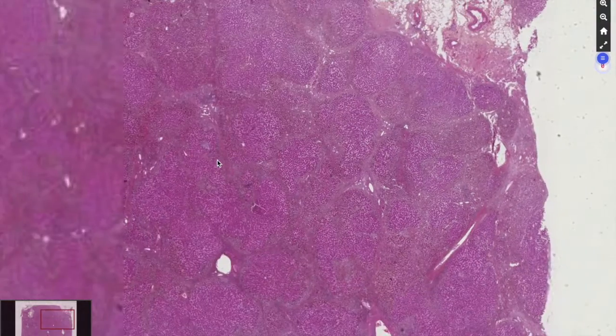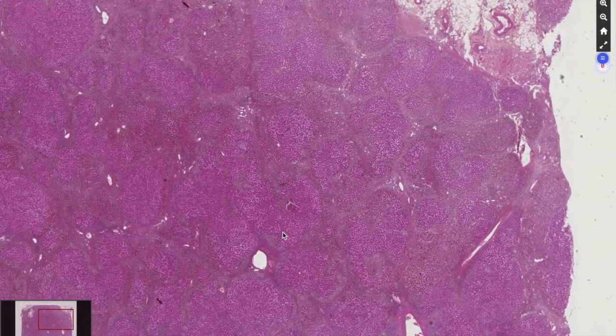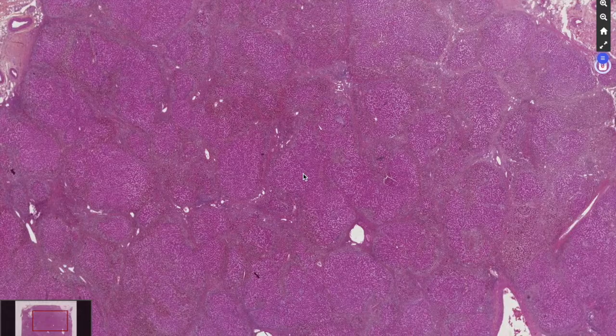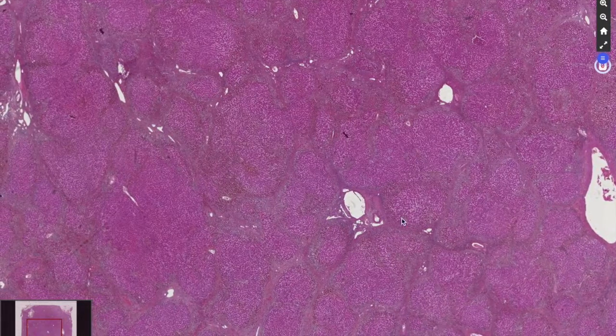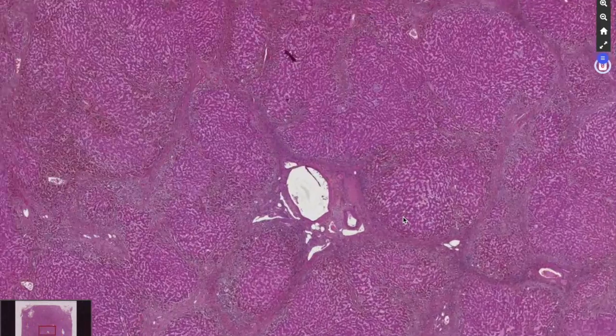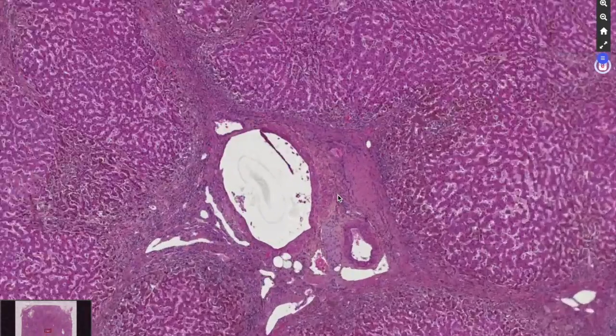So we can guess what was the underlying liver disease when we are looking at these slides, and it was primary sclerosing cholangitis.